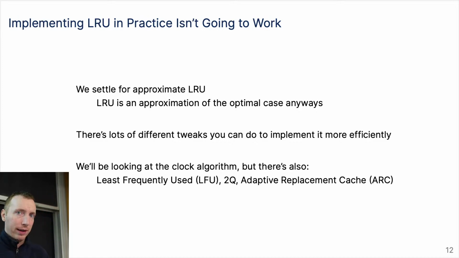Next lecture, we'll look at the clock algorithm, but there are also a few different variations. There's least frequently used, which is slightly different. There's a 2-queue approach, and there's an adaptive replacement cache that we won't see. There's a bunch of different options, and like scheduling, there's no right answer. It's just a series of trade-offs.